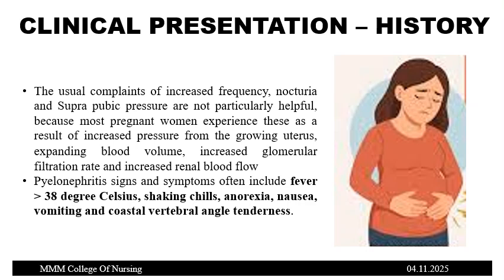So previously we saw the main symptom of cystitis is burning micturition. But if it is pyelonephritis, meaning the UTI is advanced and has reached the kidney, the patient will have fever more than 38 degrees Celsius with chills, anorexia, nausea, vomiting, and flank pain.